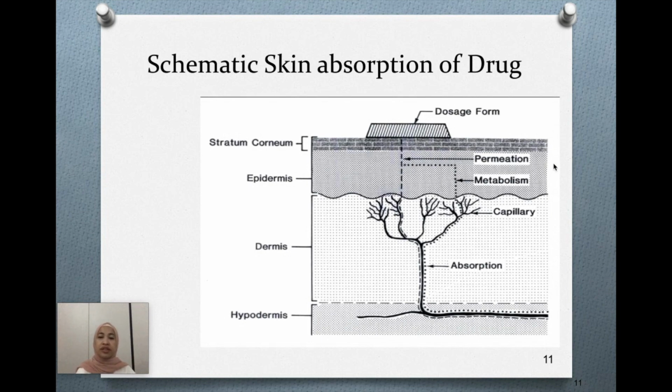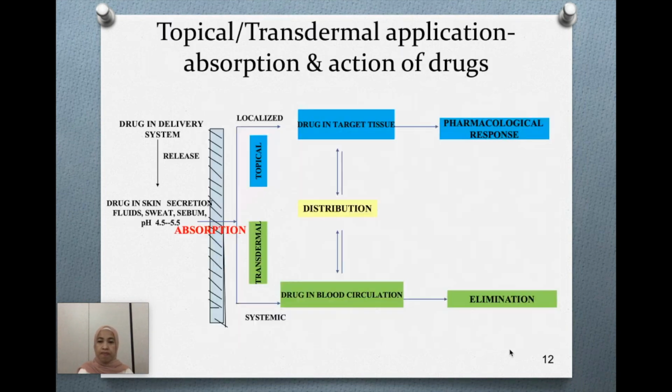There are some enzymes which can metabolize certain drugs, such as your steroids or your hormones. So if the drug survives that, only then can it enter the capillary and therefore be taken into the systemic circulation. This is where the metabolism of the drug happens if the enzymes are available there.